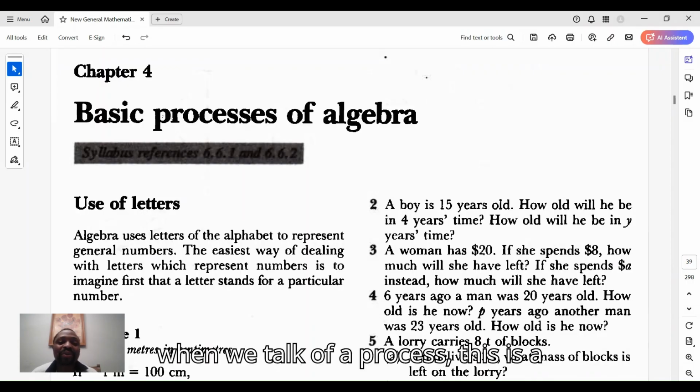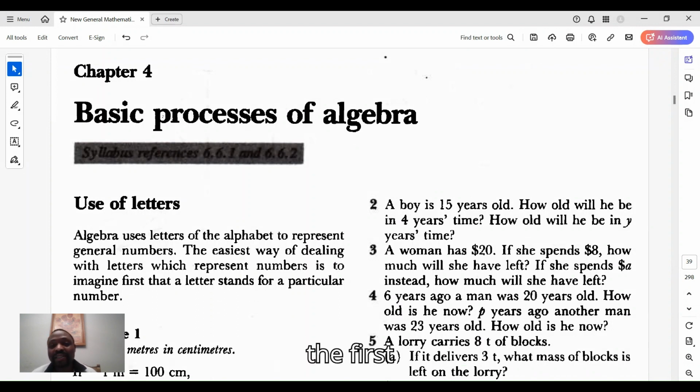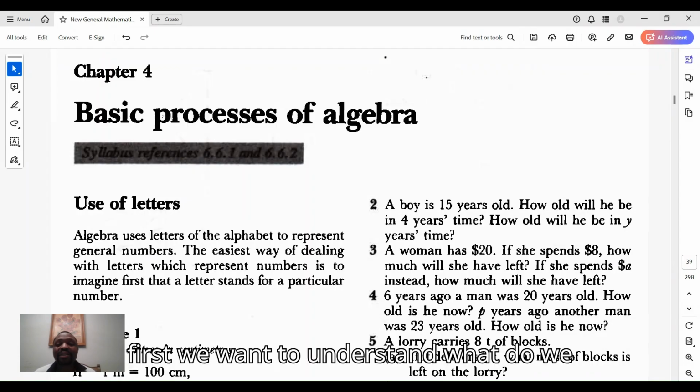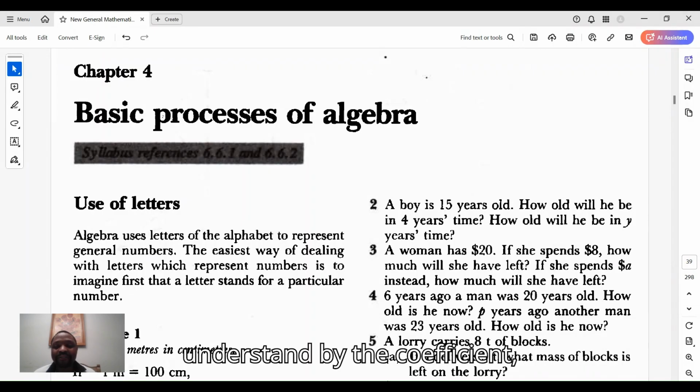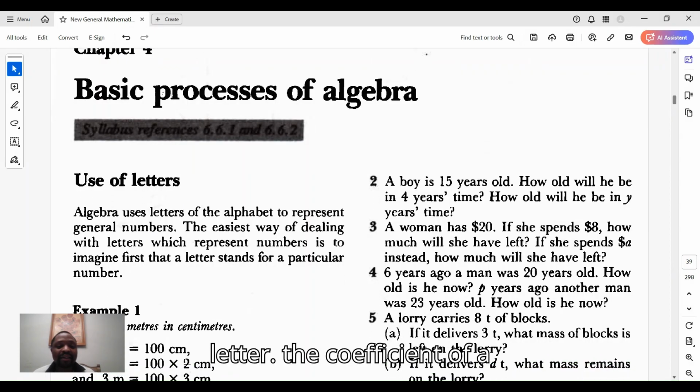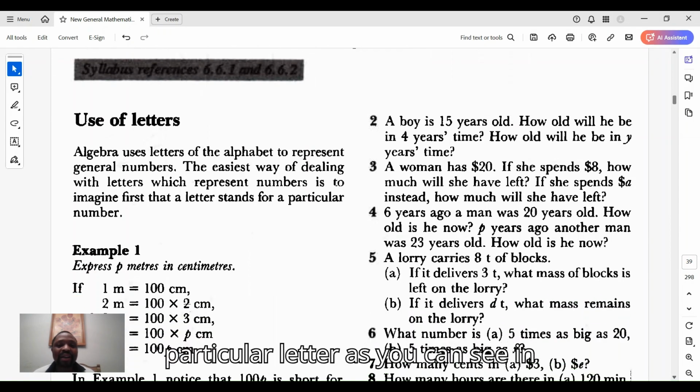As you know, when we talk of a process, this is a way of moving from the first step, to the second step, and going on like that. So first, we want to understand what we mean by the coefficient of a particular letter.